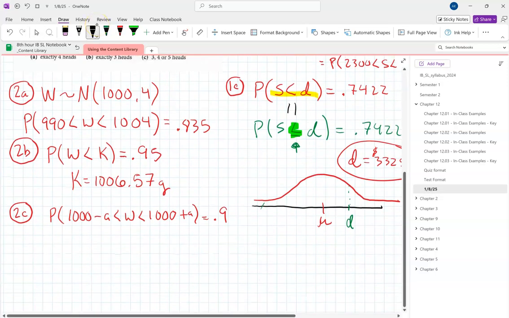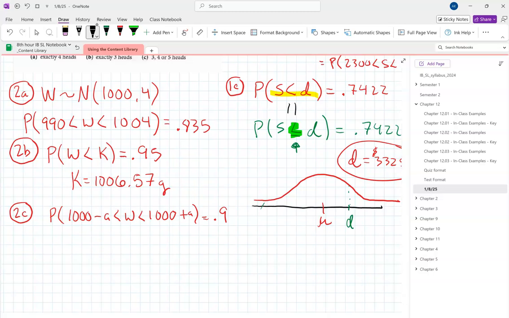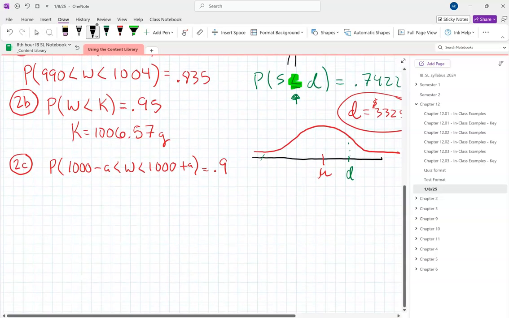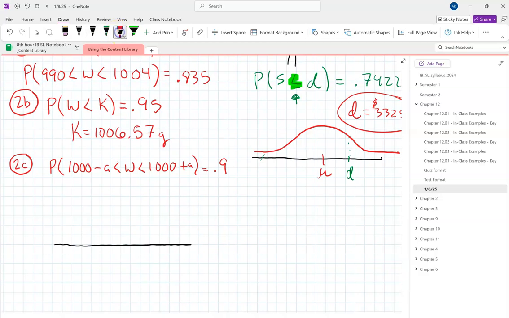What's the problem with the way this is written? It's an inverse norm problem, right? Don't have a single inequality. I have this compound inequality thing going on. Uh-oh. Well, here's what I'm going to do. I'm going to draw myself a picture to kind of see what's going on.